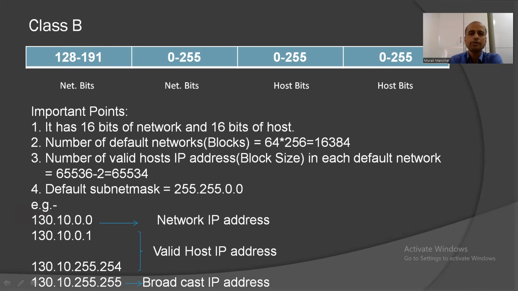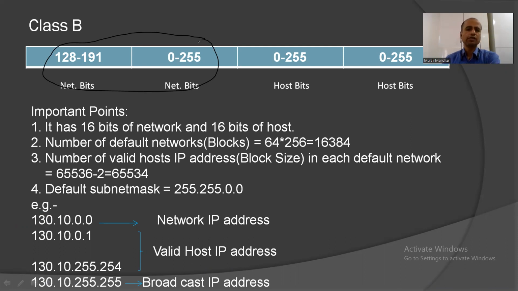In class B, the very first two groups are used for representation of different networks. Means in case of class B, we can create different networks by taking values from the first two groups.